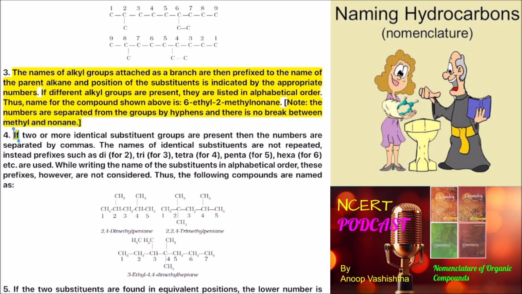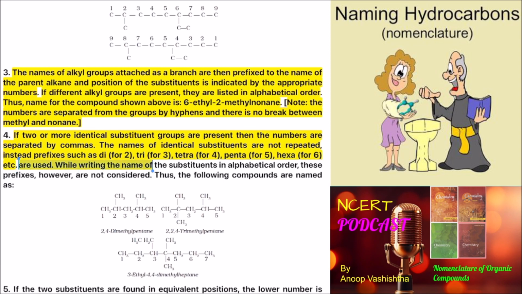Fourth point, if two or more identical substituent groups are present, then the numbers are separated by commas. The names of identical substituents are not repeated. Instead, prefixes such as di for 2, tri for 3, tetra for 4, penta for 5, hexa for 6, etc. are used.